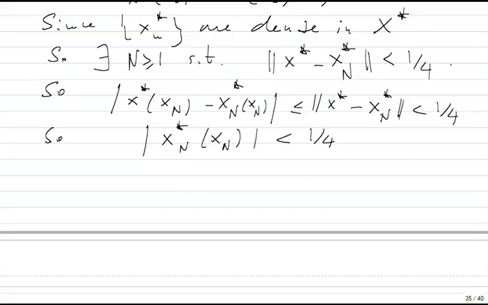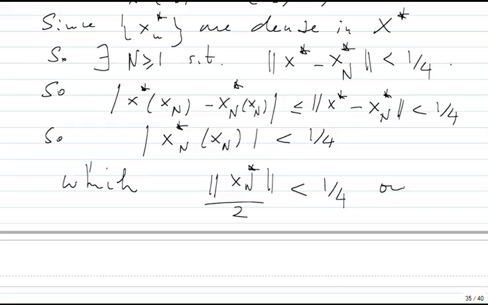Which implies, by definition of the xn's, that the norm of xn star over 2 is less than 1/4, or the norm of xn star is less than 1/2.